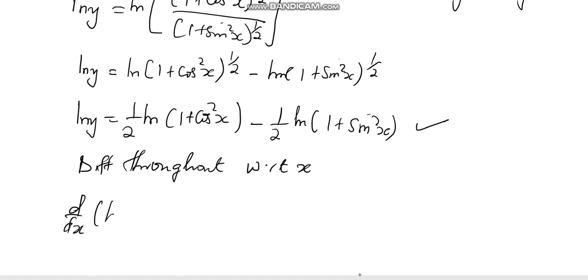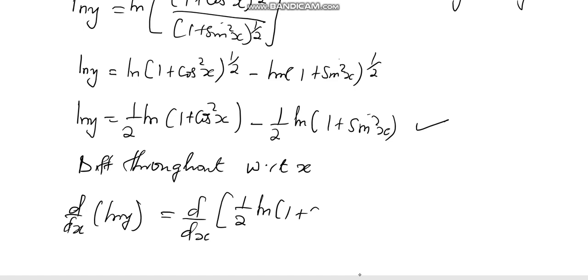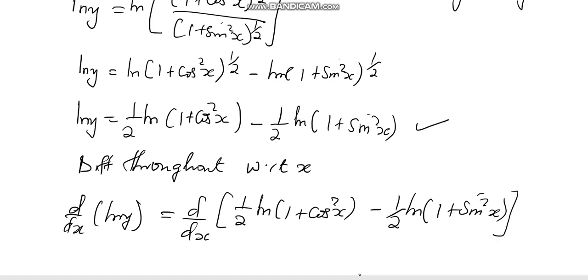On the left hand side we have ln y, equal to, and we differentiate everything on the right hand side as well with respect to x: 1 over 2 ln(1 plus cos squared x) minus 1 over 2 ln(1 plus sine squared x). Now let's start differentiating the terms.